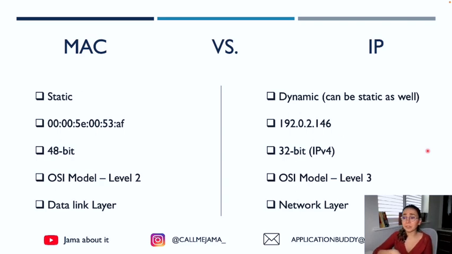And switch, if we talk about layer 2 switch, the general normal switch, and not the layer 3 switch that can be used as a router as well, this layer 2 switch uses the MAC addresses in order to broadcast a message or for the networking purposes. So the IP address is on the level 3, which is the networking layer.